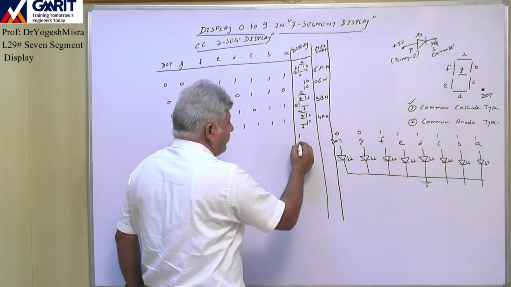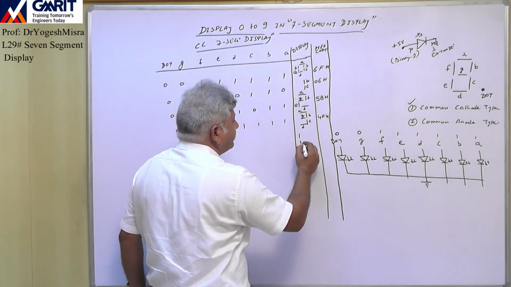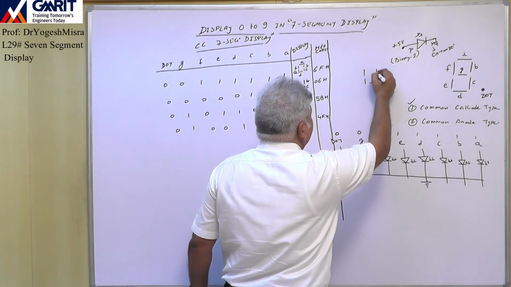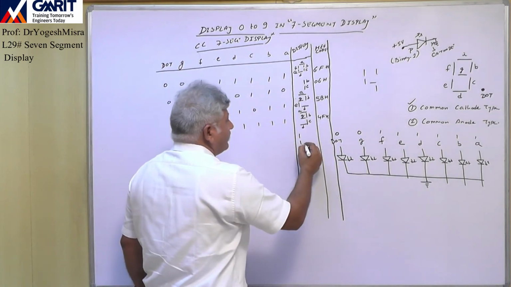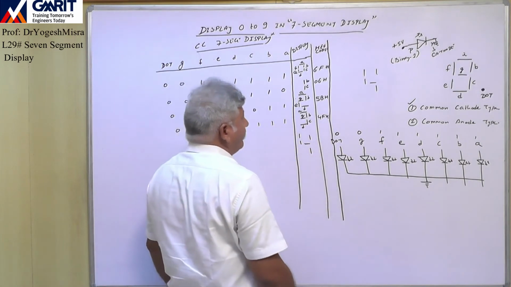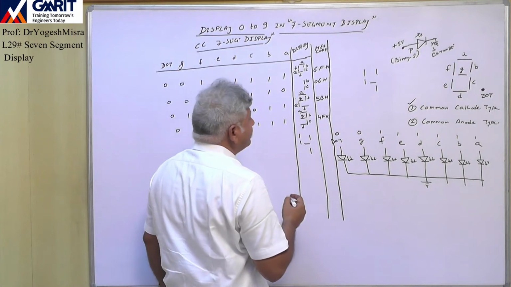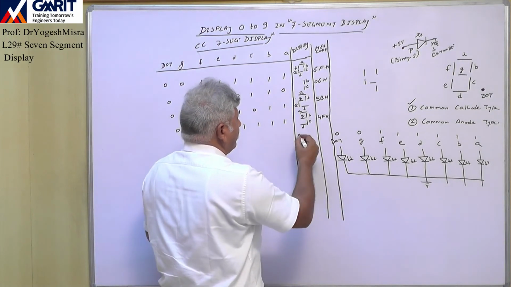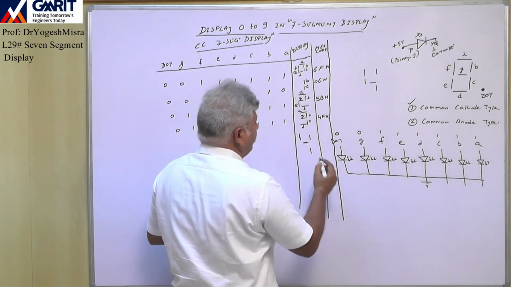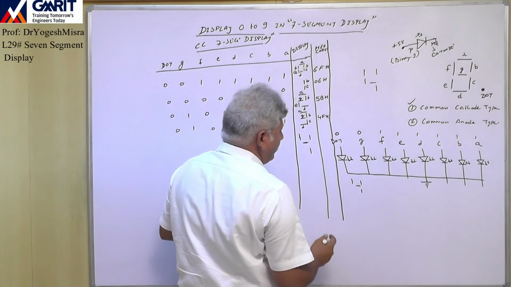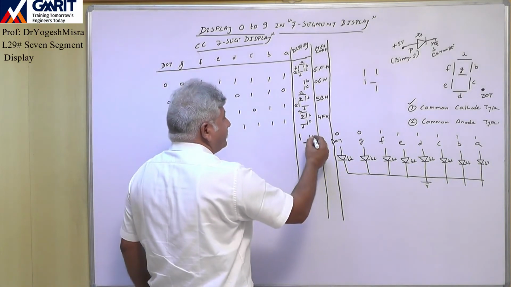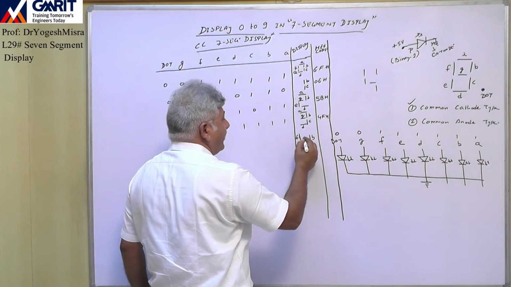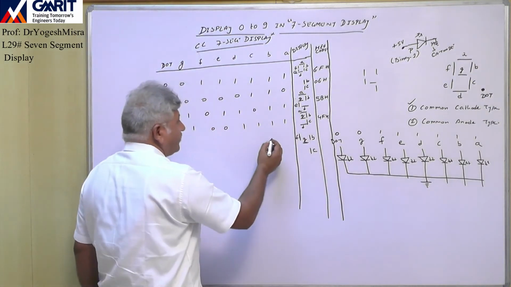For 4, we display 4 like this. So this is B, C, D, E, this is F, and this is G. B and C are on.